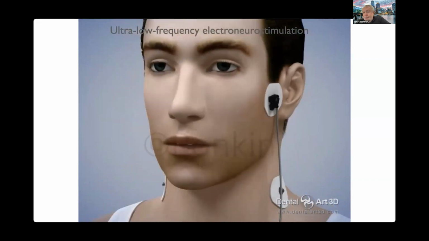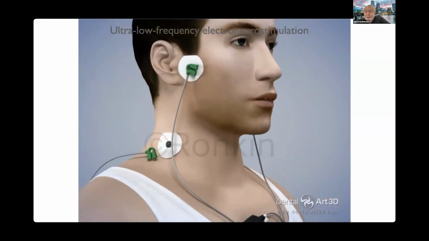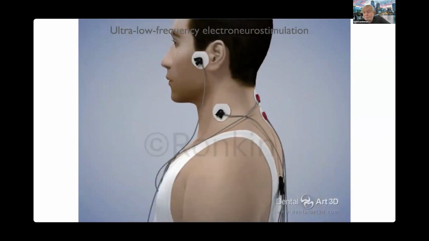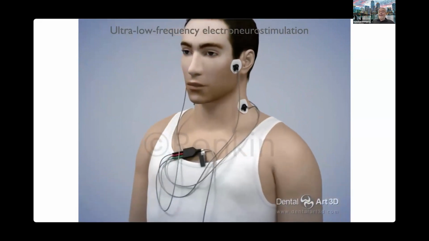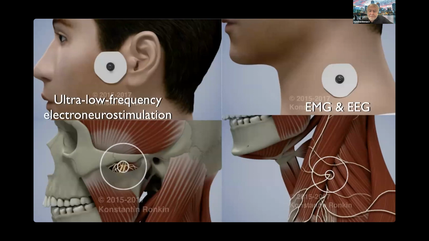And this is how we stimulate all muscles innervated by the trigeminal, facial, and accessory nerve. And this is all chewing muscles and most of the neck muscles, all right? And the signal actually comes to these base electrodes, and then it travels to the electrodes on the mandibular notch and the anterior surface of the neck triangle. All right.